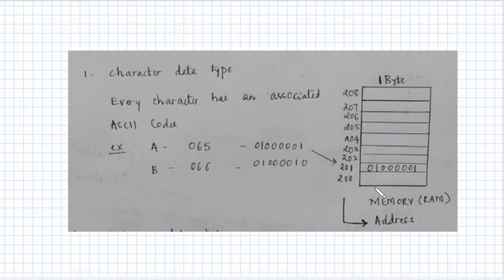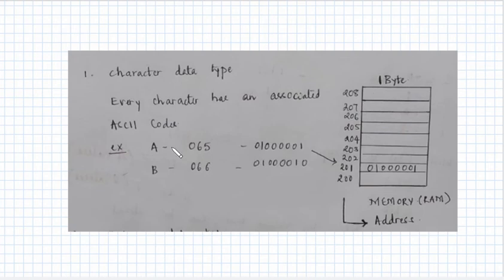Now here I've just shown you a piece of memory and each byte has an address. Let us assume our main memory or the RAM starts from the address 200 and goes up to 208. Every byte is being addressed.